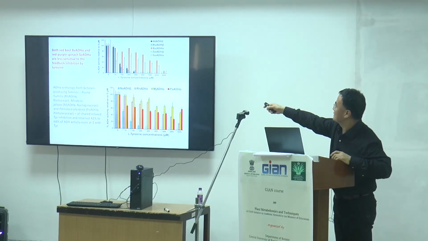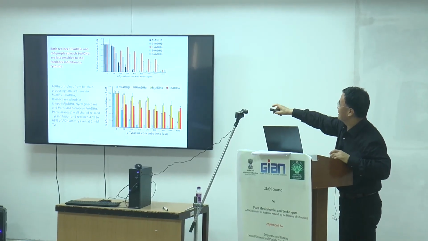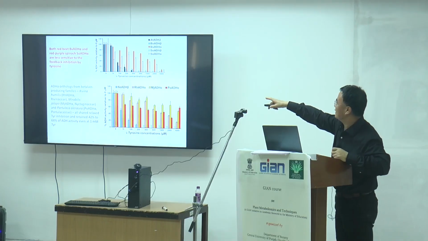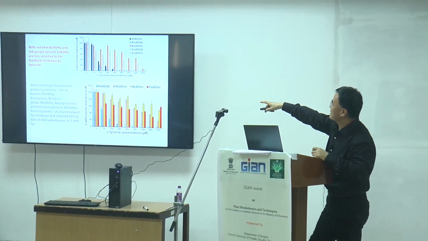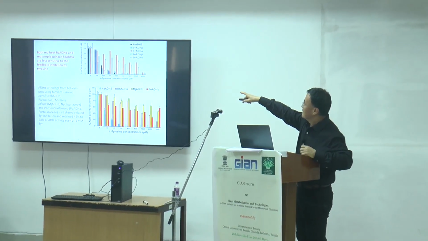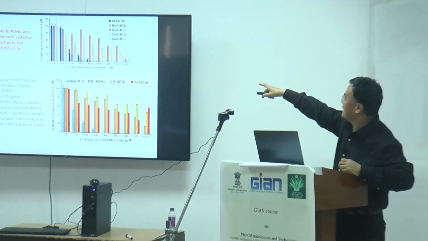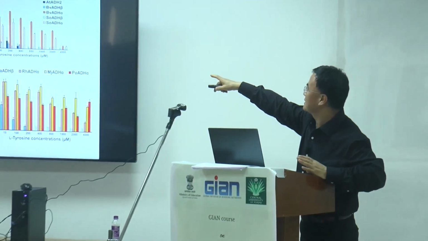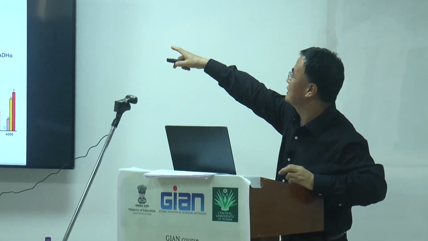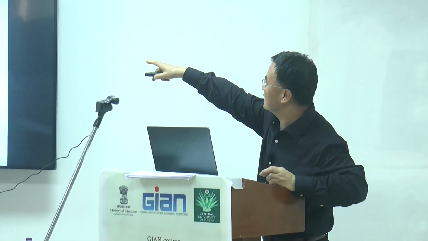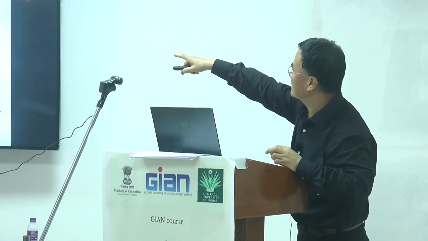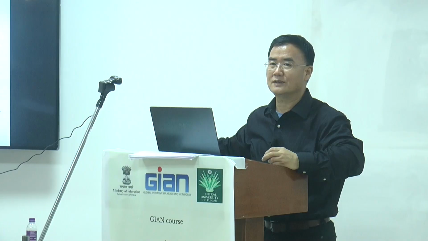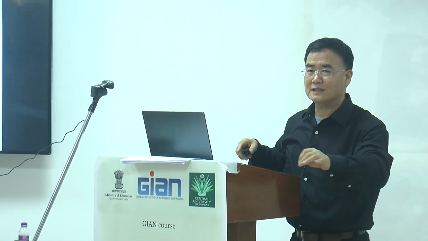So you see this experiment, they showed the tyrosine concentration increase with only two plant ADH alpha. One is from red beet, the BvADH in brown, and another in light red is SoADH. SoADH is spinach. Red spinach plant also accumulates betalain.